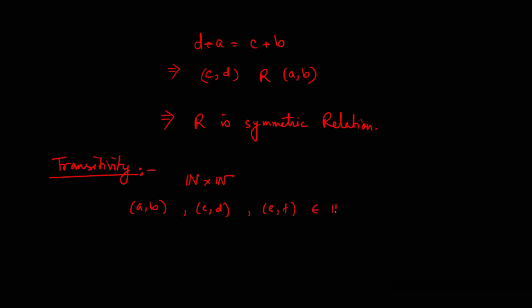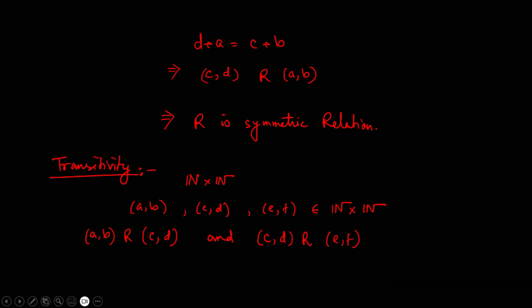These three belong to N cross N. And the assumption is (a, b) is related to (c, d) and (c, d) is related to (e, f). These are the two assumptions, and we have to show (a, b) is related to (e, f). So we will exploit the conditions that are given.